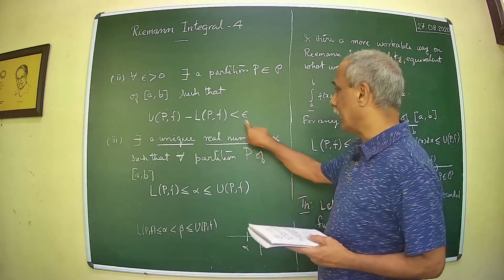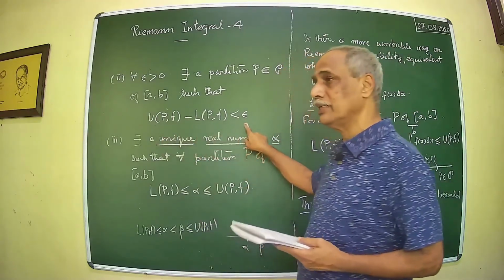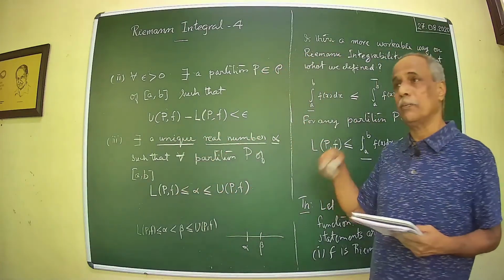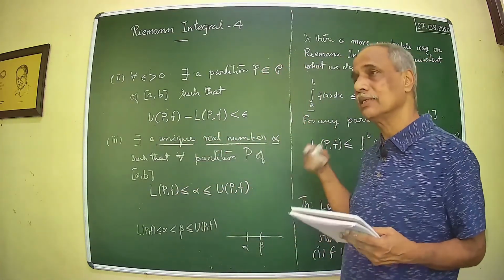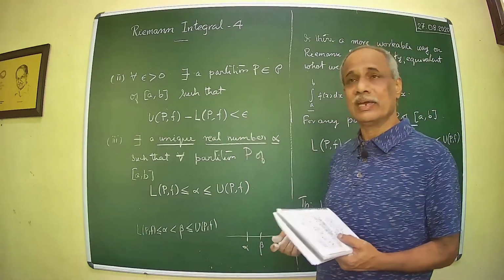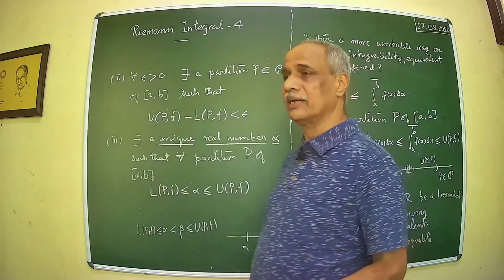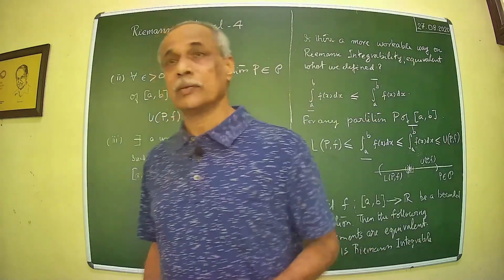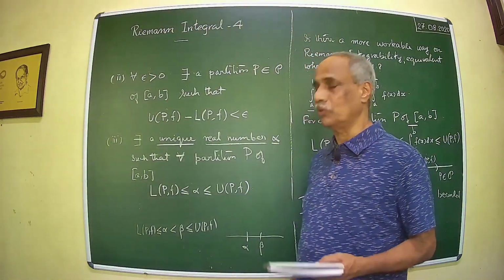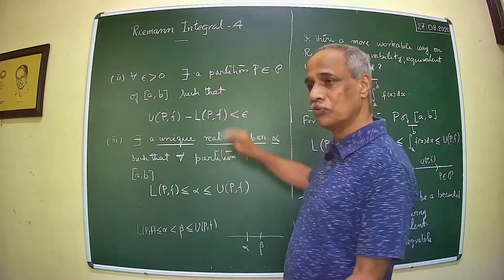So for an arbitrary epsilon, you can bring their difference less than epsilon, then you are assuring that the difference between the upper integral and the lower integral is less than epsilon. So for an arbitrary epsilon, you are proving that the difference between the upper integral and the lower integral is less than epsilon. What does it mean? It means they are equal. Okay, so I just gave a hint to the proof.